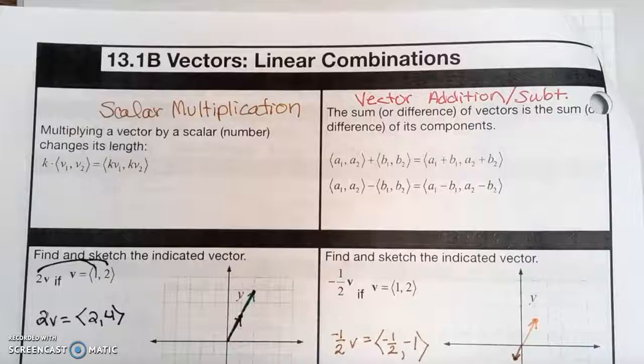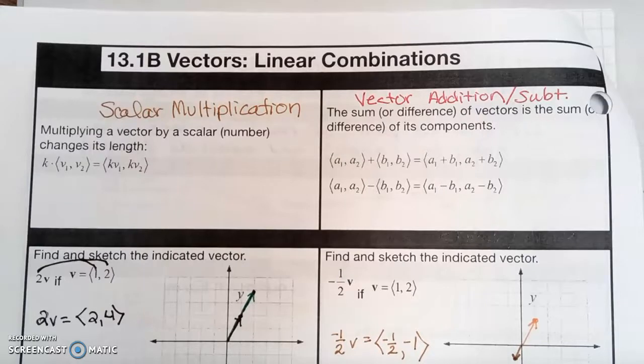We're going to be doing some scalar multiplication and some vector addition and subtraction. And it is fairly easy. You just need to make sure you're paying attention to what's going on. Scalar multiplication is when you multiply a vector by a scalar. They're going to use k as the variable.